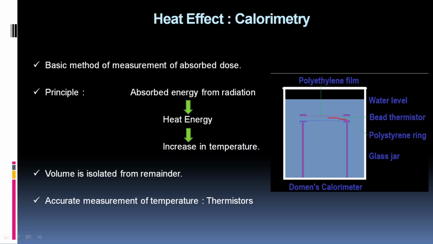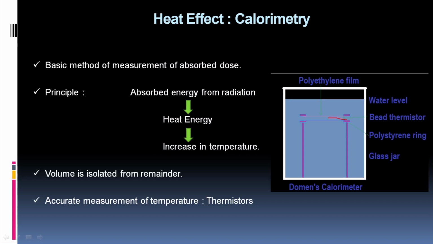Now coming to other kinds of dose measurement systems than the ionization effect. First is heat-effect-based calorimetry. We have already mentioned that energy is absorbed by the medium from the incident radiation, and this absorbed energy may be converted to a minute amount of heat, which increases the temperature.